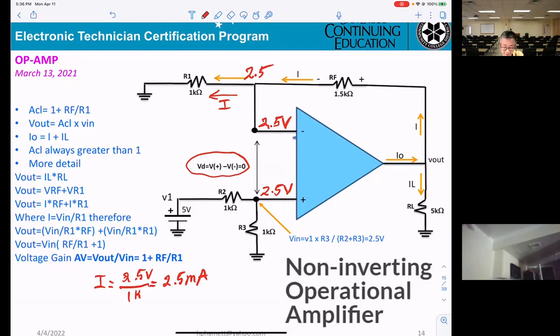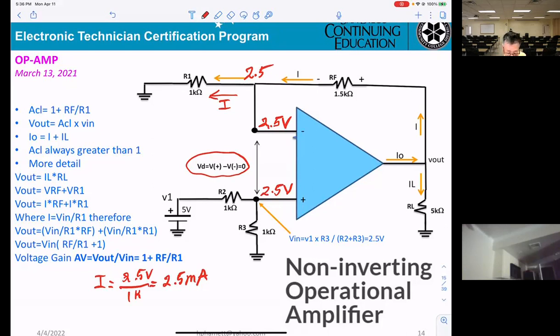In here, they have given you the gain ACL equals 1 plus RF over R1. So now, let's try to see in here.